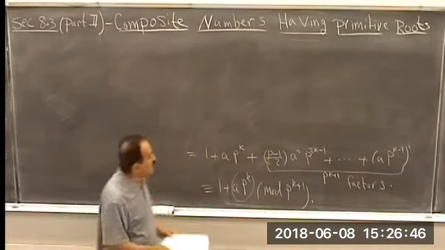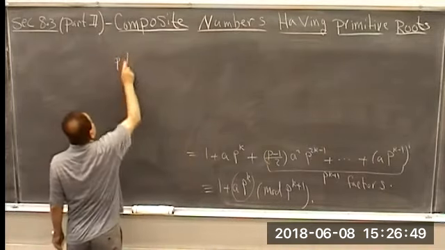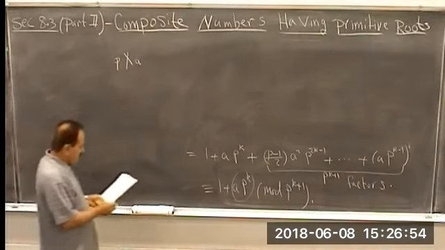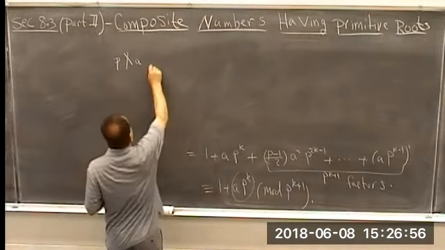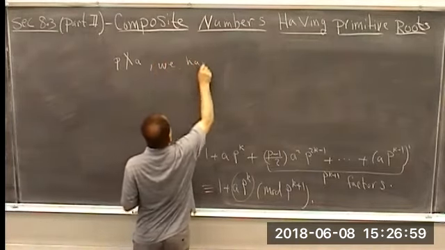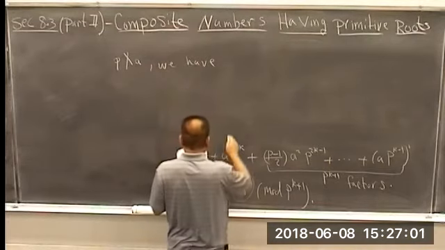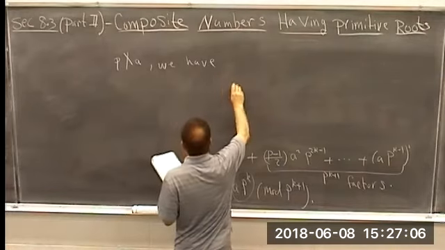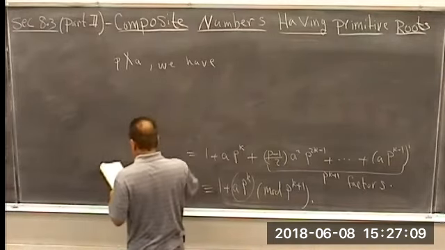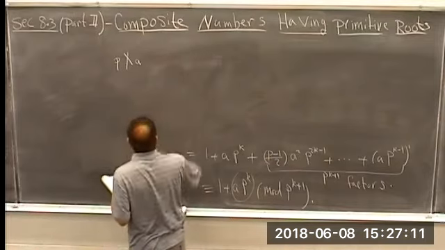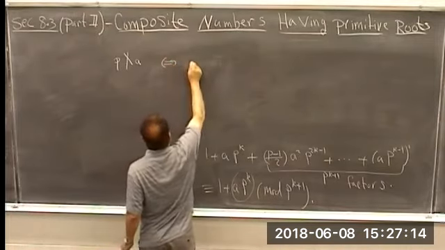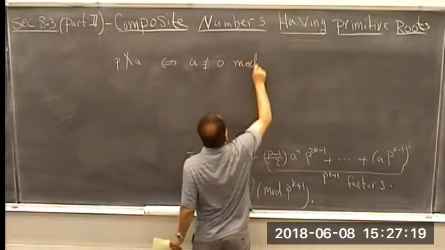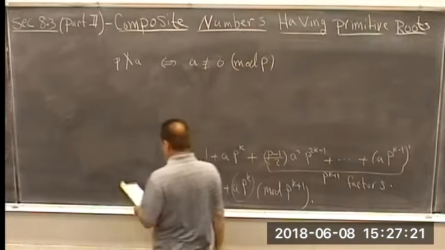So we have, p does not divide a, all right? This is equivalent to saying that a is not congruent to 0 mod p.